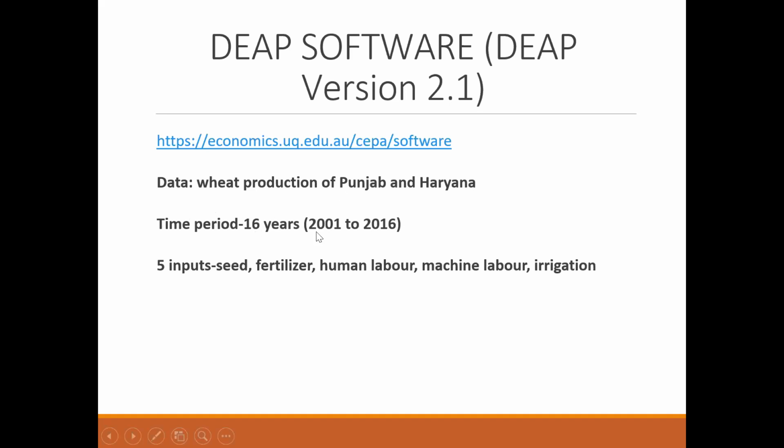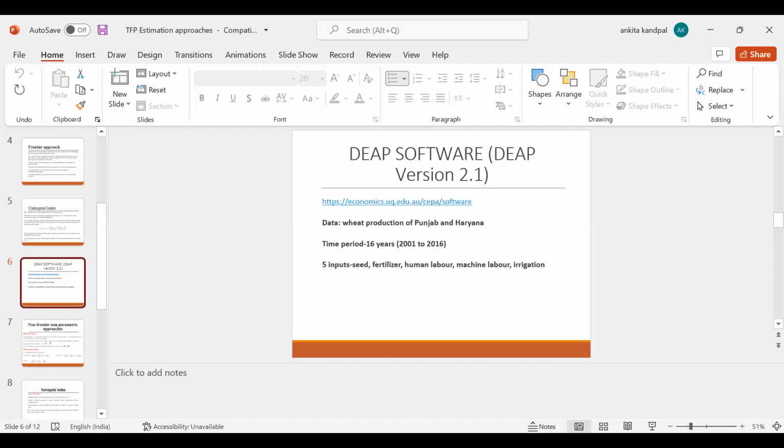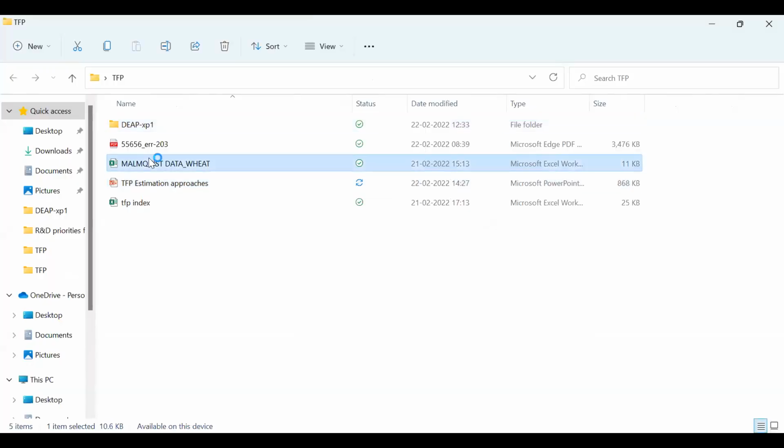It is for 16 years, 2001 to 2016, and wheat yield I'm using as output, and there are 5 inputs: seed, fertilizer, human labor, machine labor, and irrigation, in quantity and price terms. So this is the data.